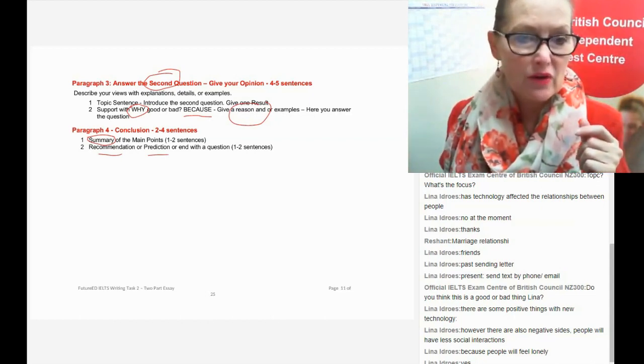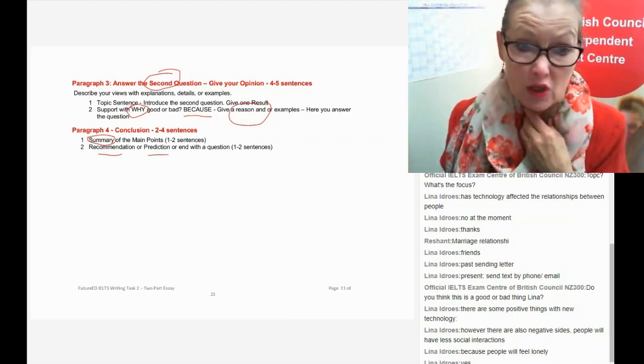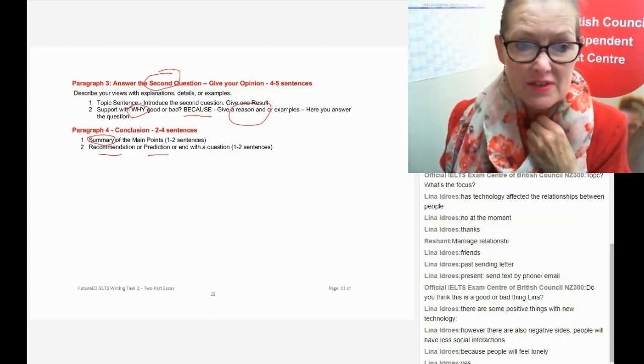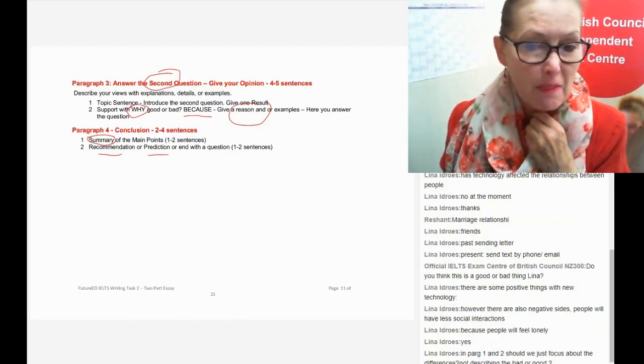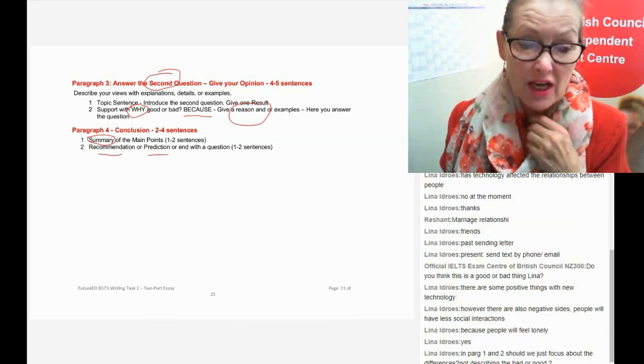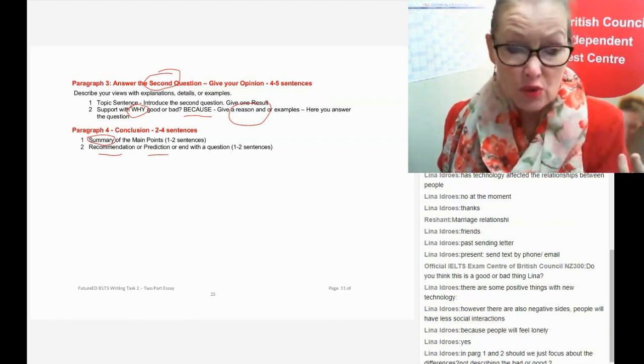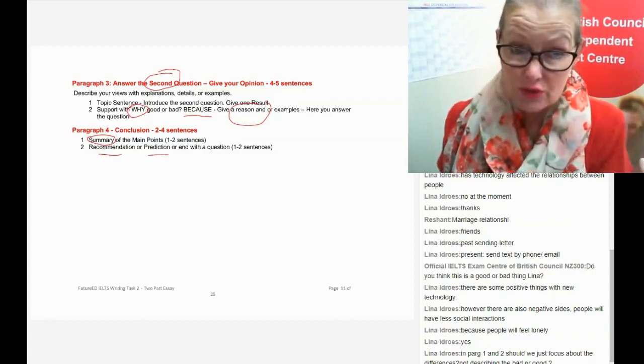And then paragraph number 4, once again, a conclusion, 2 to 4 sentences. And this, number 1, we're going to very briefly summarize the main points. And then we could make a recommendation. I think we should, or I think people should.